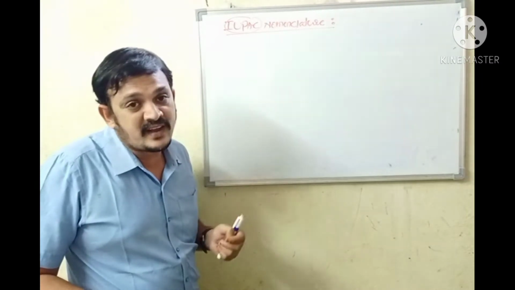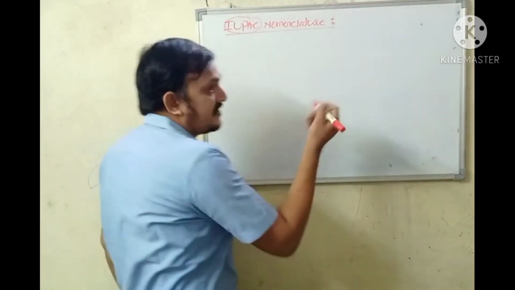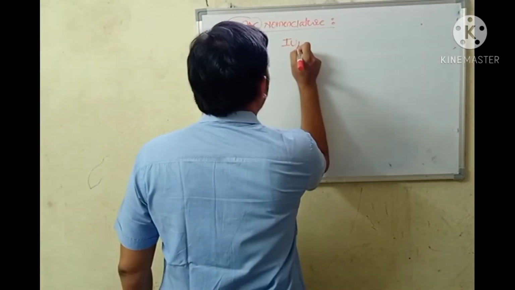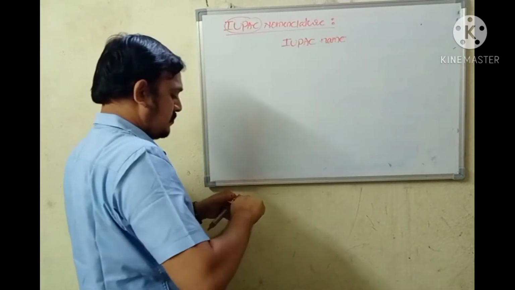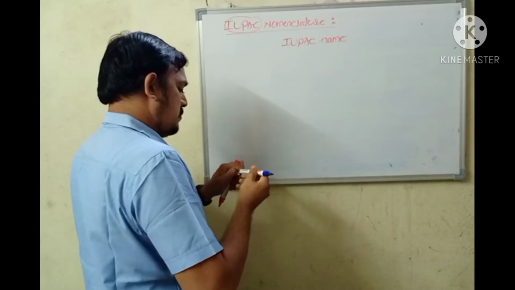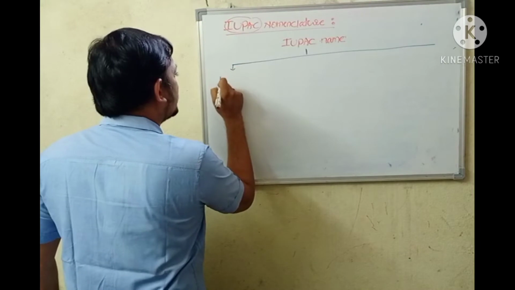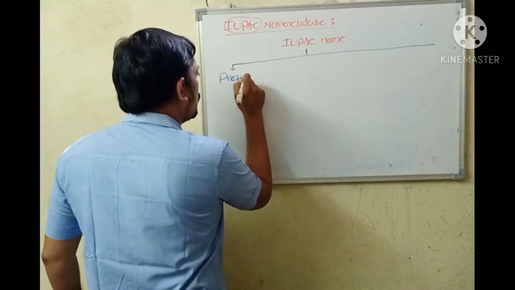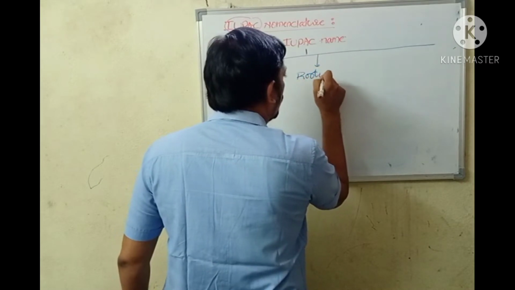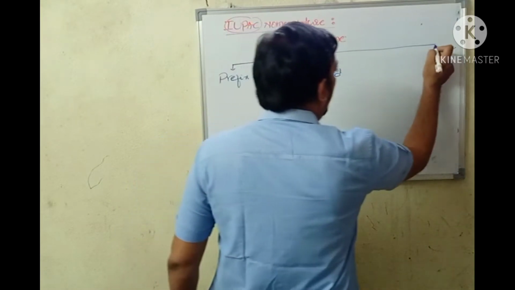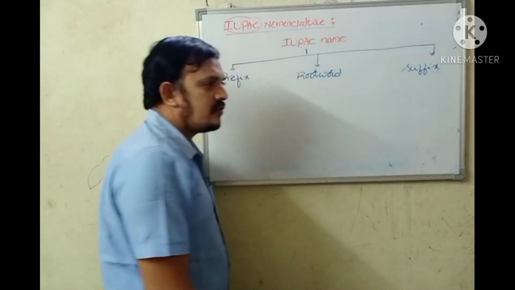As per that IUPAC convention, the IUPAC name of a compound is made up of three parts. Let's discuss that now. First part is prefix, which is followed by root word and then suffix.